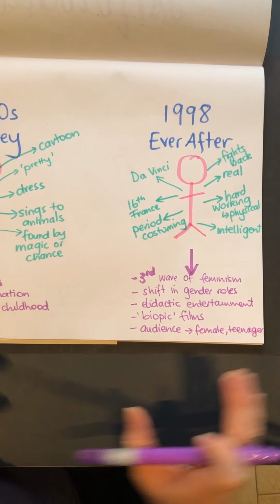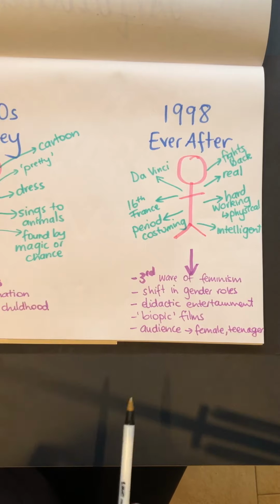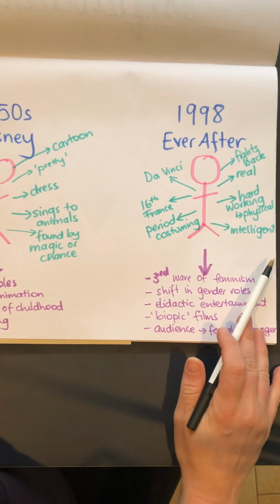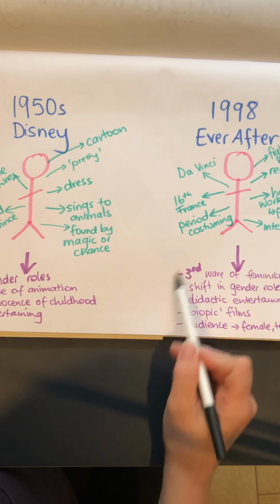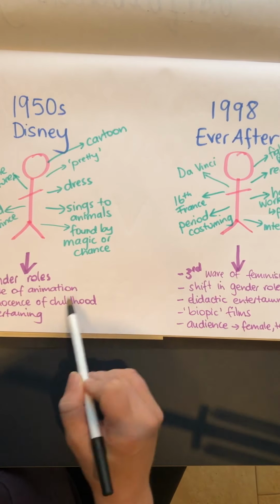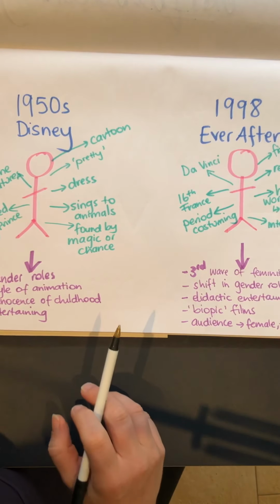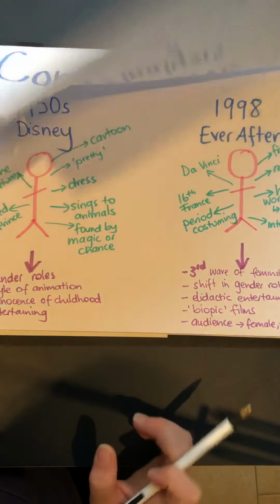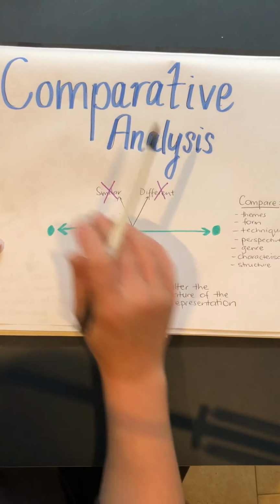It's not so much just what their parents want them to watch. Now, if I was doing a comparative argument, I would now go and find the similarities and differences between these two representations, and I would be able to tell you why something has stayed the same or why something has changed. And then that would equate to comparative analysis.